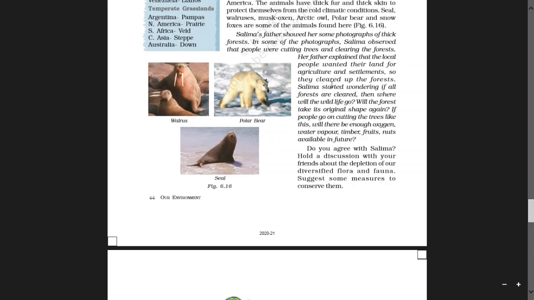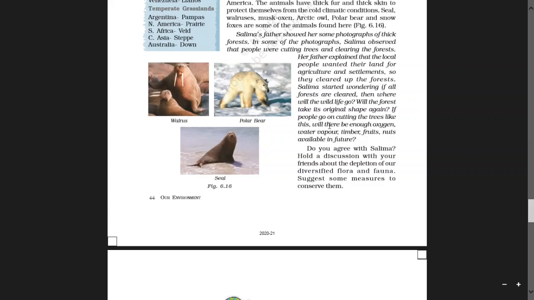Salima started wondering, if all forests are cleared, then where will the wildlife go? Will the forest take its original shape again?